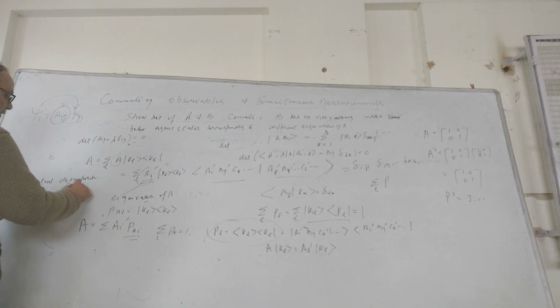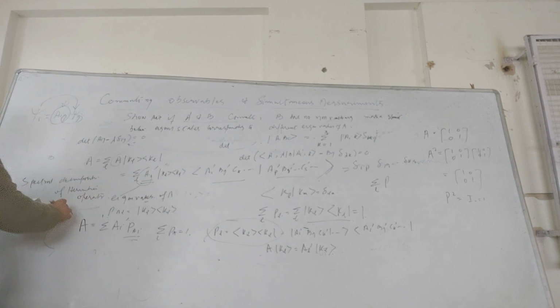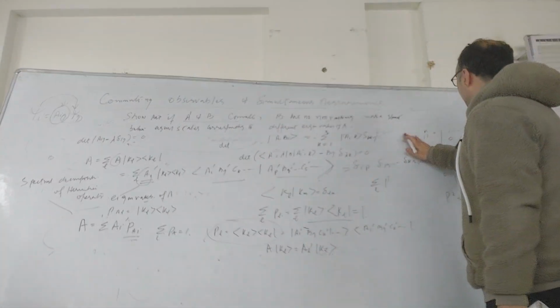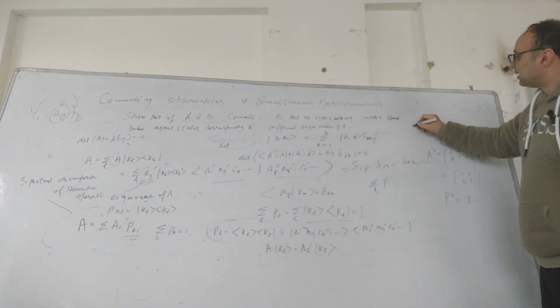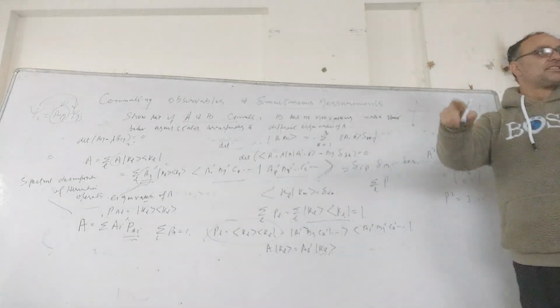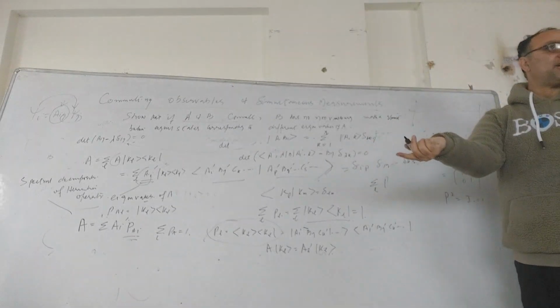of permission operators. So basically, we are interested in eigenstates. They are being acted upon by operators. They will give eigenvalues.